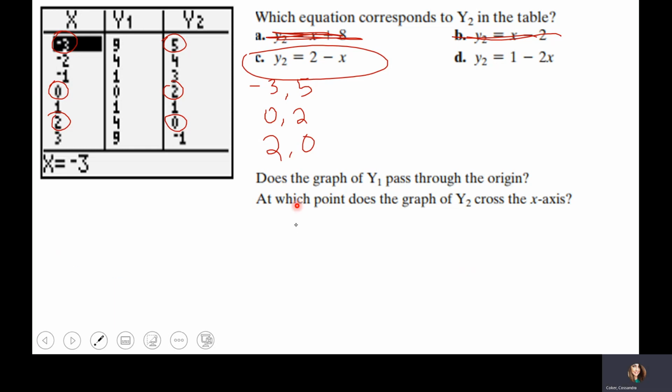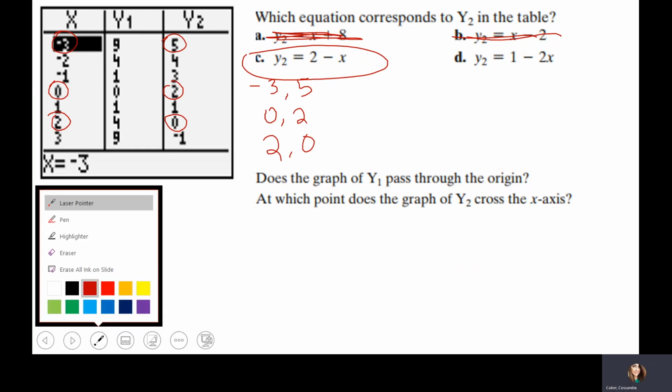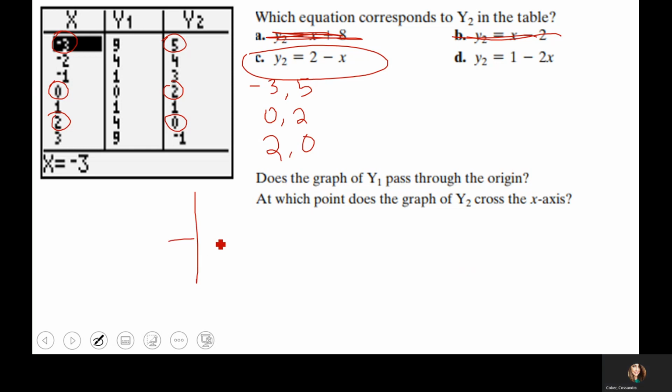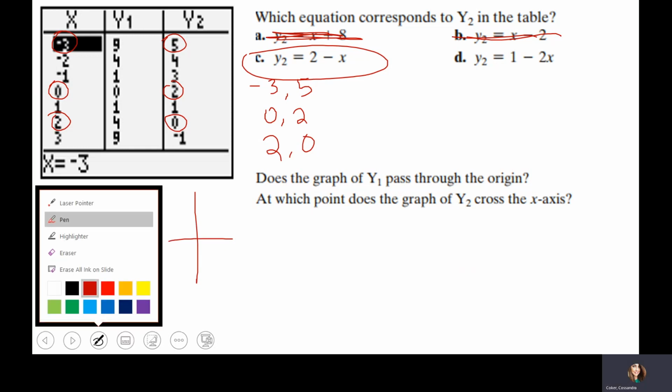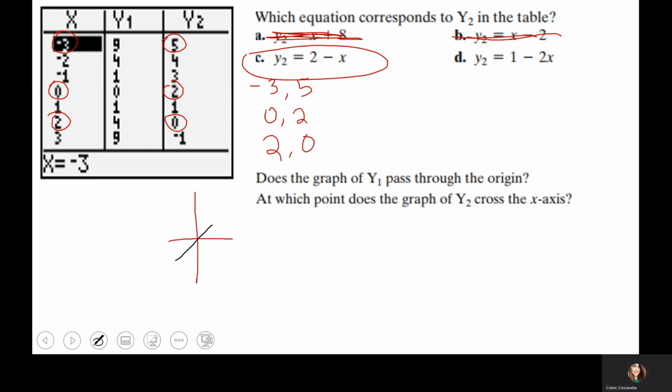All right, another type of question that you might get asked is, does the graph of y1 pass through the origin? Does the graph of y1 pass through the origin? Well, how would you know that? If you pass through the origin on the graph, of course, your x and your y are both 0.